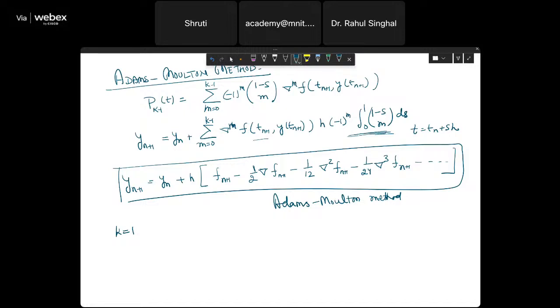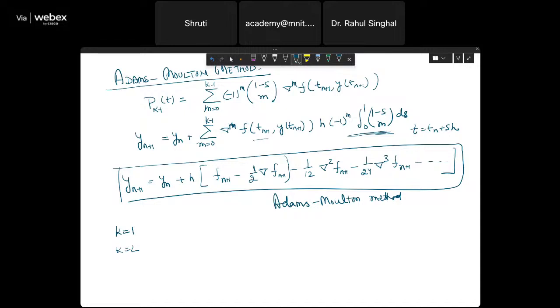Okay, so you can easily observe that, because then it will be y n plus 1 equal to y n plus h f n plus 1. If we go up to second order, meaning we take the case k equal to 2, then it will convert to the trapezoidal rule, because up to here the terms will come and it gives you the trapezoidal method. So you can easily verify it.